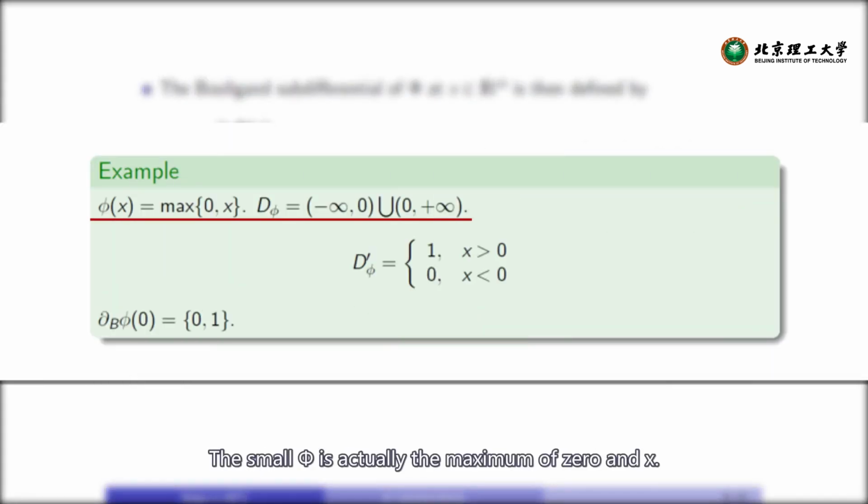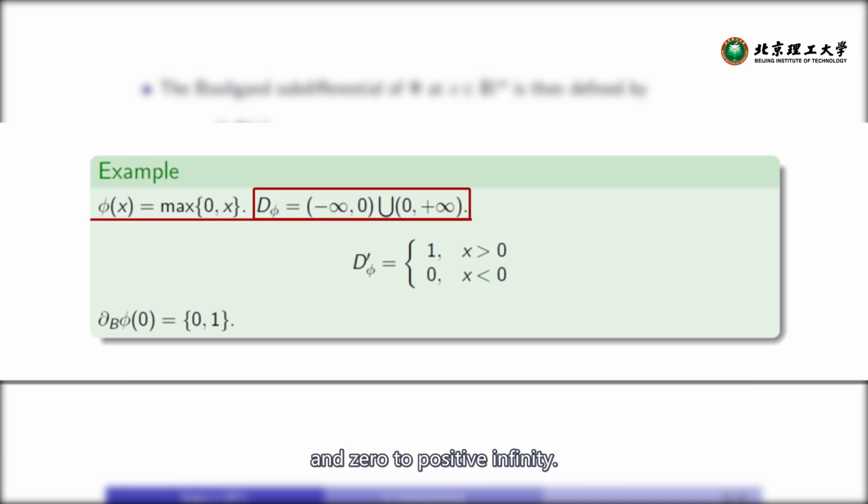The function phi is the maximum of 0 and x. From this definition, we can see that the points where phi is differentiable are negative infinity to 0 and 0 to positive infinity. In other words, except 0, all the other points in R are continuously differentiable.